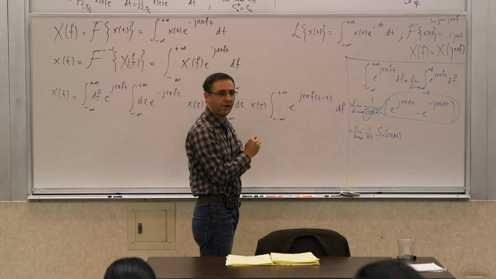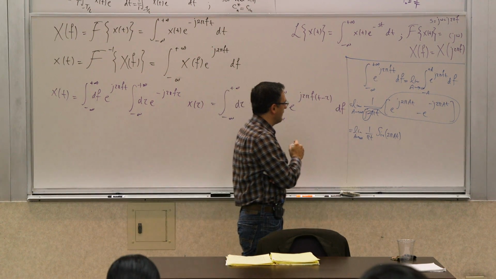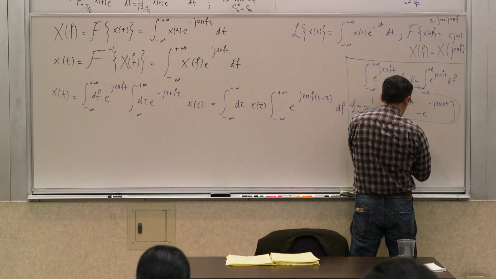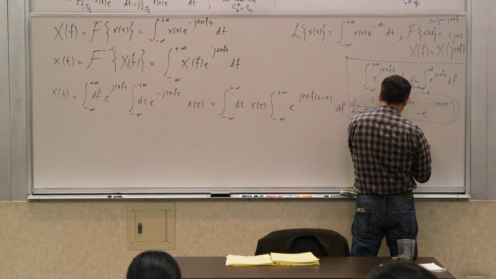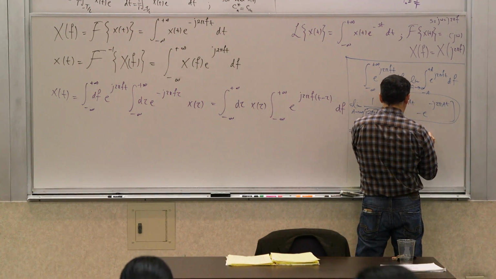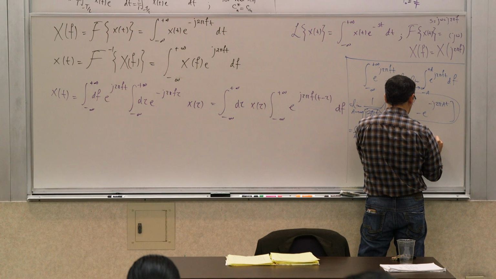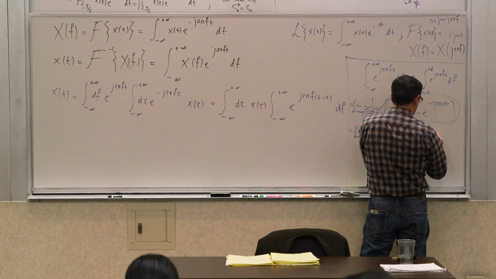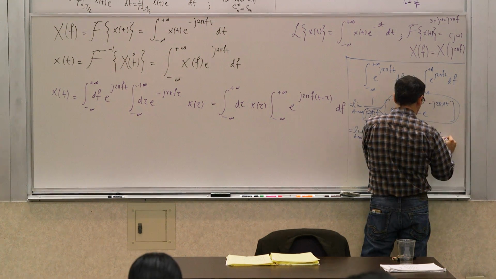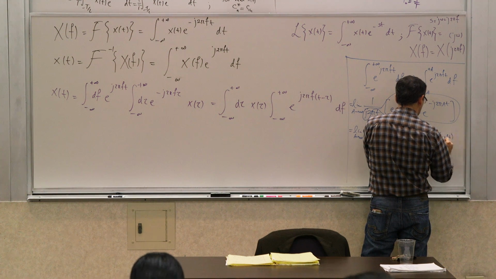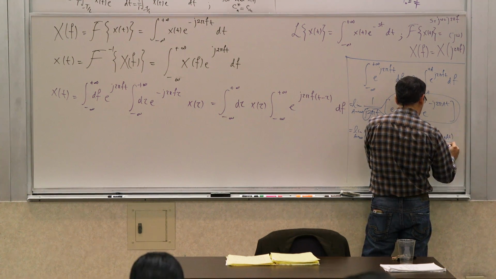Which I can rewrite slightly differently. I can multiply and divide by an a and a 2. So I get 2a over pi t, and then write it as sine of 2 pi a t over 2 pi a t.